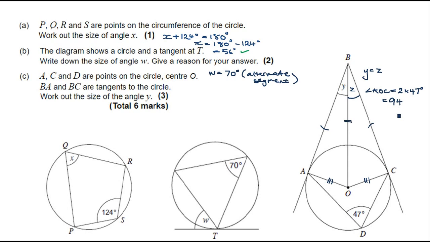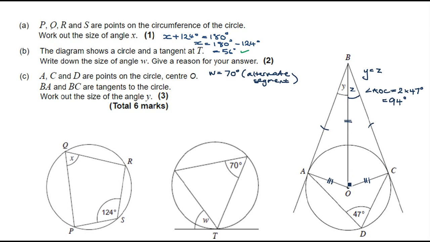And let's just halve that to make sure that we haven't made an arithmetic error. So half of 90 is 45, half of 4 is 2, so 45 and 2 is 47, so that must be correct.